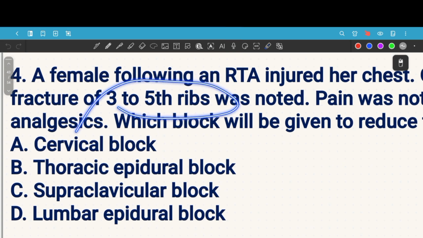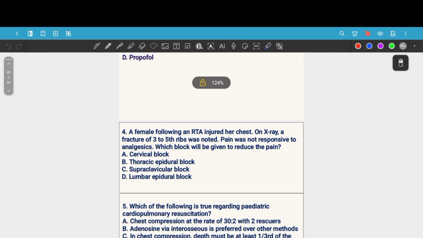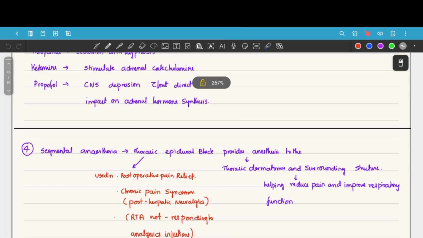Ribs are attached to the thoracic vertebra. So a thoracic epidural block is given. That is the segmental anesthesia. The thoracic epidural block provides anesthesia to thoracic dermatomes and surrounding structures that will help in reducing the pain and improve respiratory function.